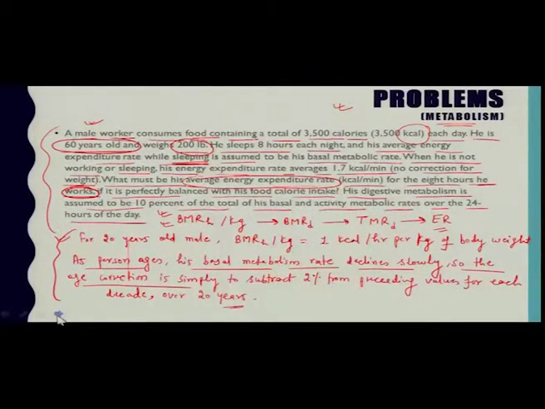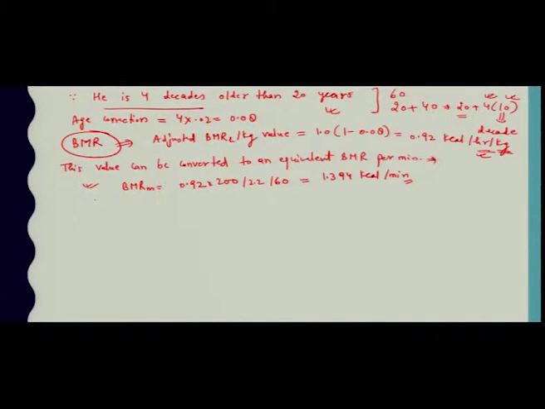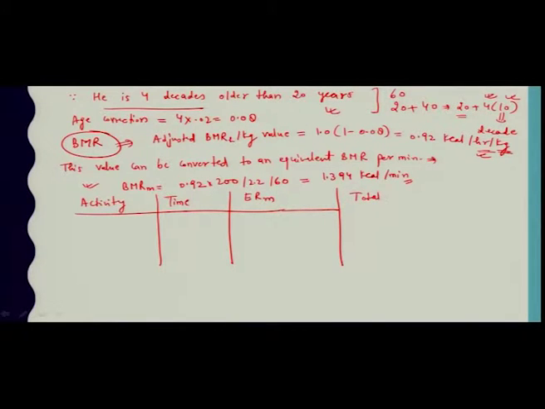So we can make a table for listing all his activity and time he is devoting to perform a particular activity, as well as energy expenditure, and lastly the total energy.